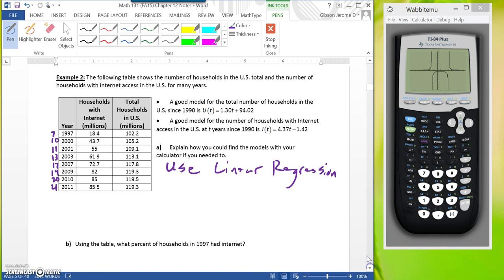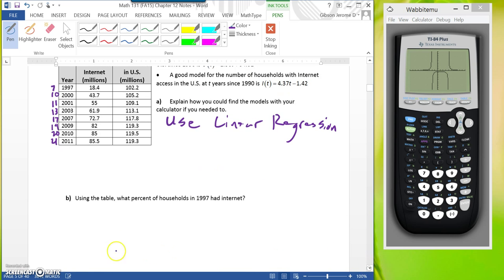Now for B, it says using the table, what percentage of households in 1997 had the internet? This is what we would do.